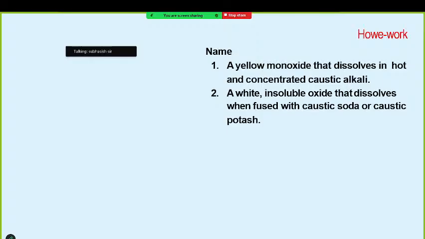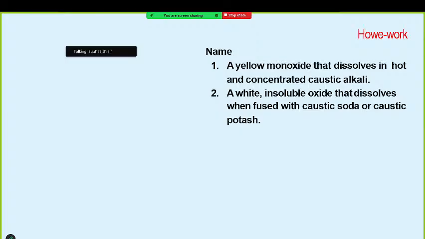Now this is all about this chapter. Now the one important homework for those students who participate in this class: you have to identify the name of, number one, the yellow monoxide that dissolves in hot and concentrated caustic alkali.